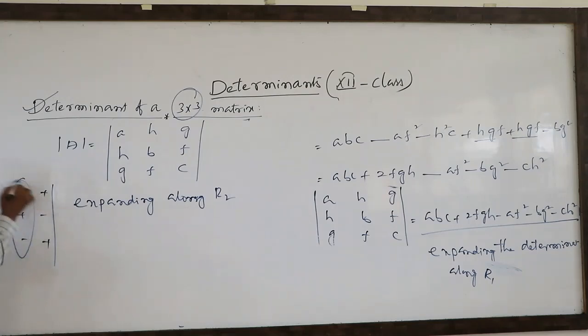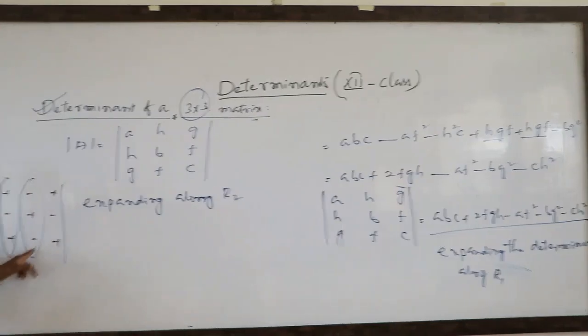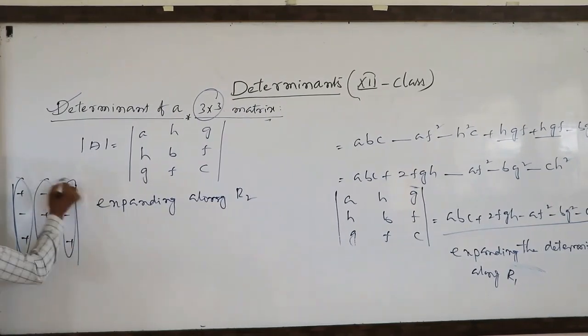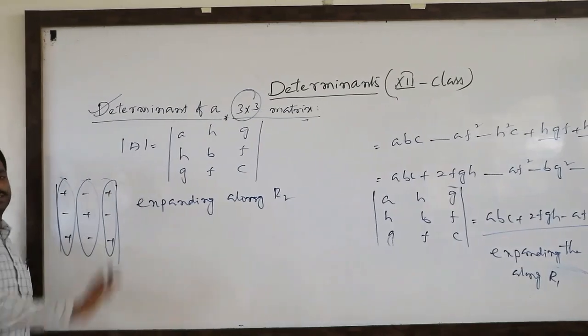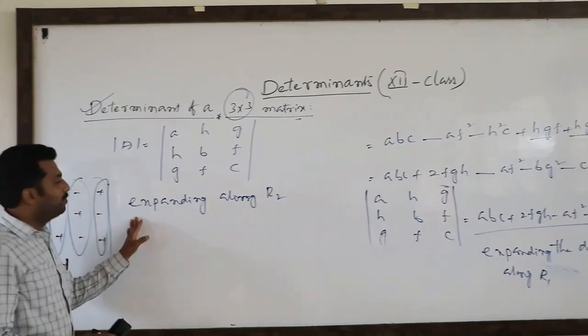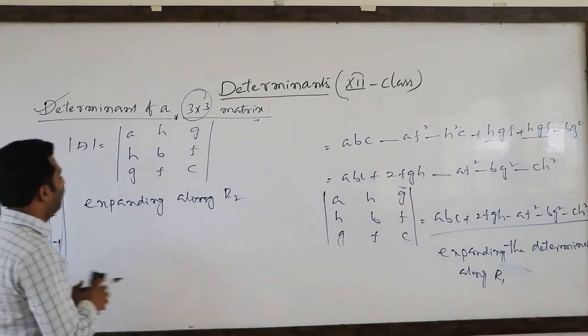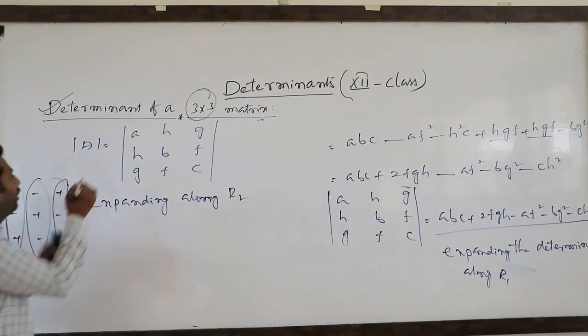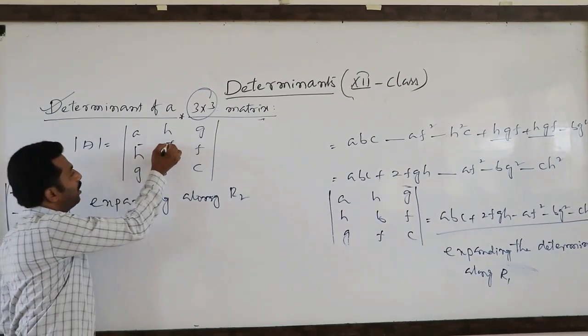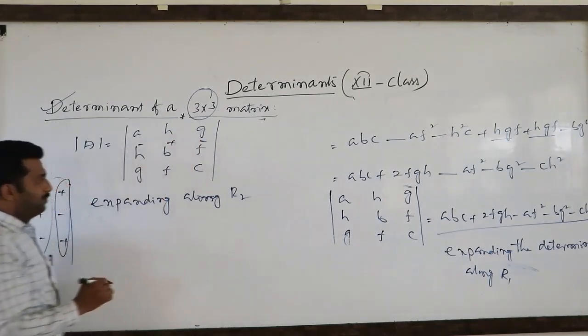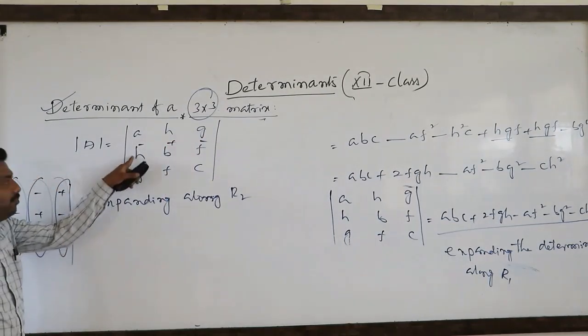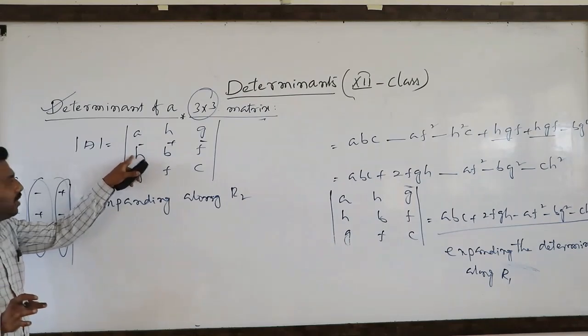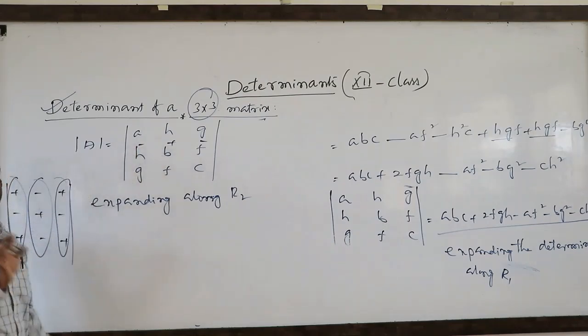Second column, you choose minus, plus, minus. Third column, you choose plus, minus, plus. So expanding along the second row, what symbols do I have to take now? Minus, plus, minus. Suppose already a minus is there, minus into minus you have to take as plus. So that point you have to remember.